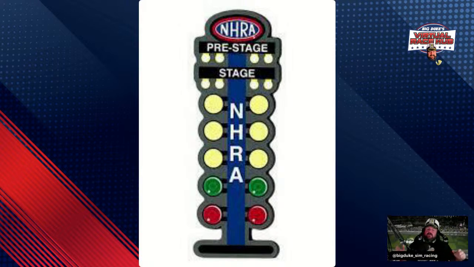Sorry. So now also, in some of the pro categories, sometimes they have what's called a staging duel, where both cars will run in and light the pre-stage beams, and then they'll sit there because there's an advantage to being the last car to roll into the beams.